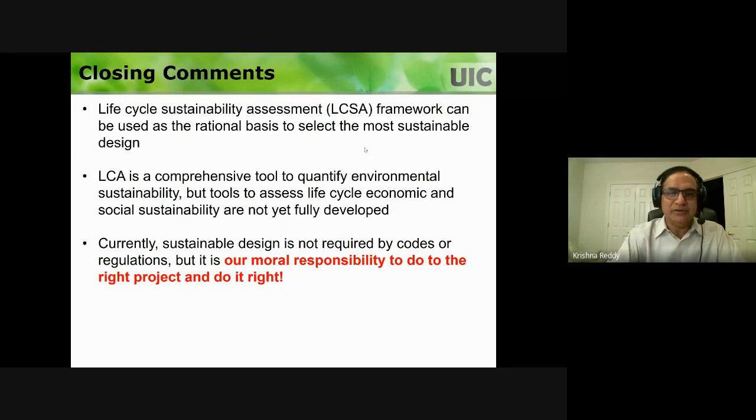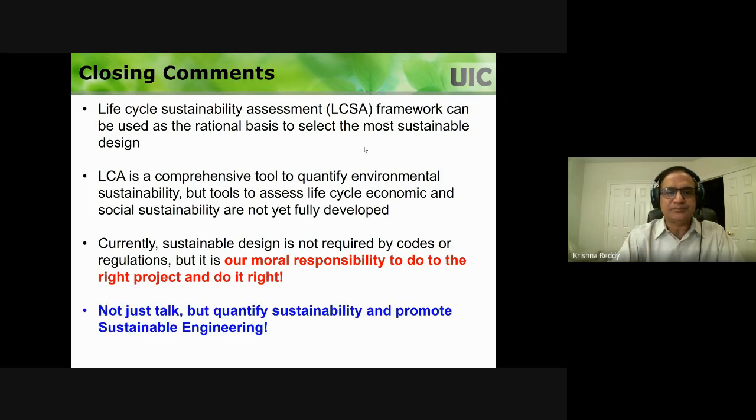So no matter what, I would say it's our moral responsibility to do the right project and do it right, because sustainability and climate change is everybody's responsibility to address. Also, you might have heard a lot of talks about how important sustainability and climate change are.